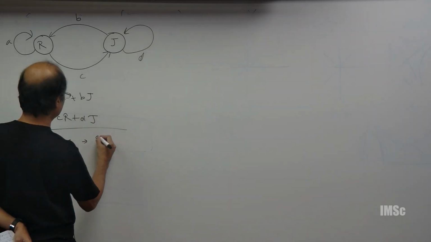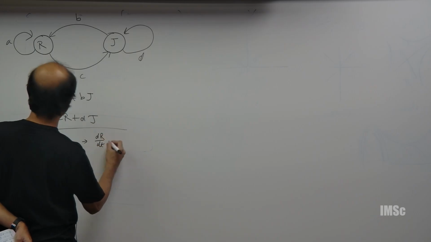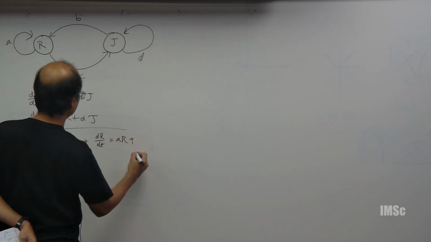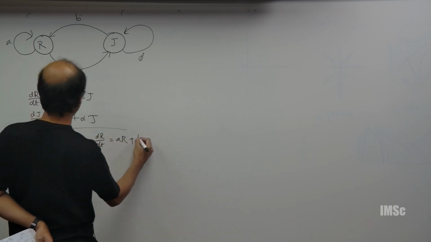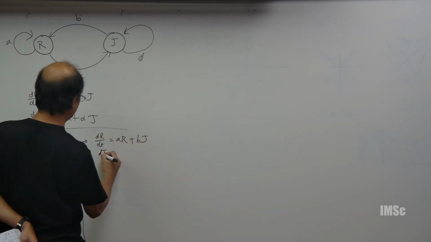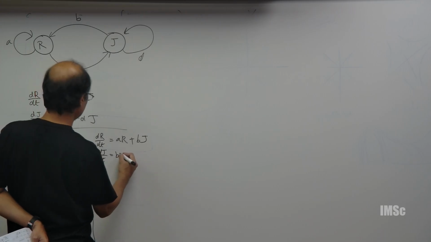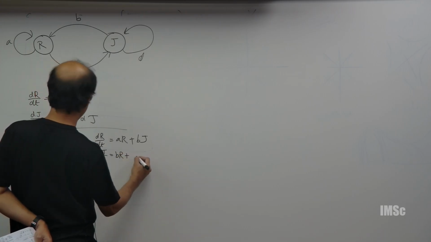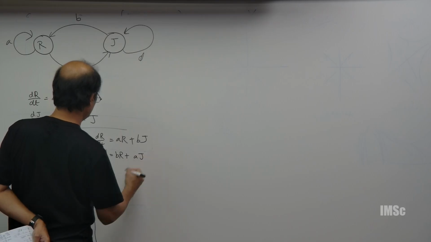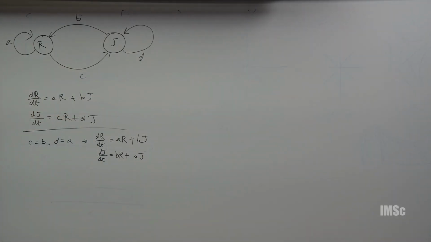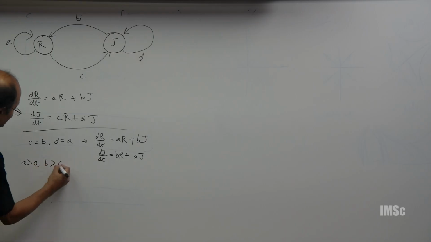So this means that dR/dt would be AR plus BJ. I mean, you don't need this, I am just doing it for simplicity. Even without this, you can do it. dJ/dt equals BR plus AJ.